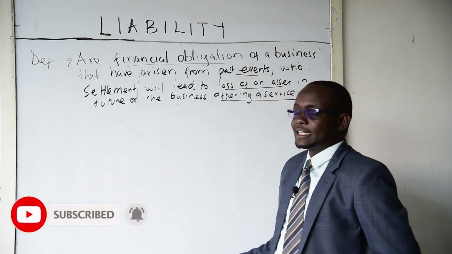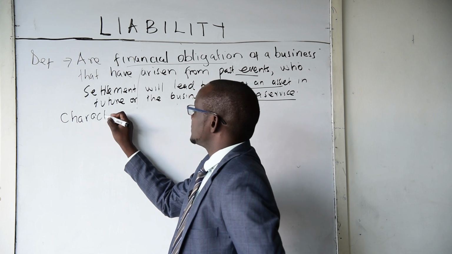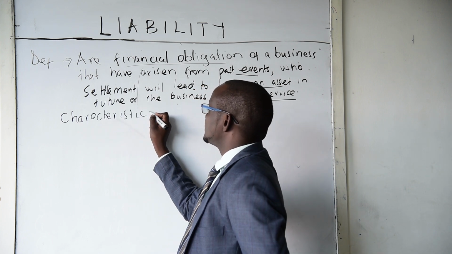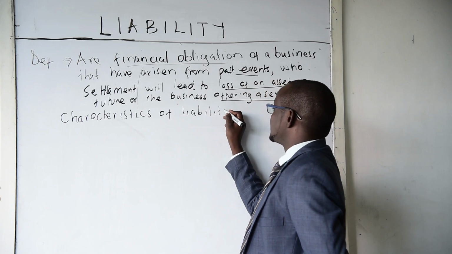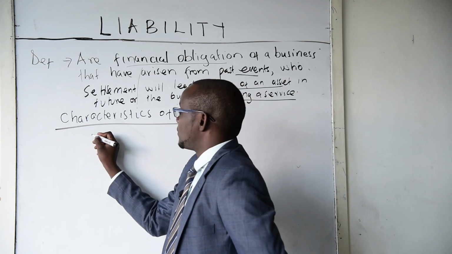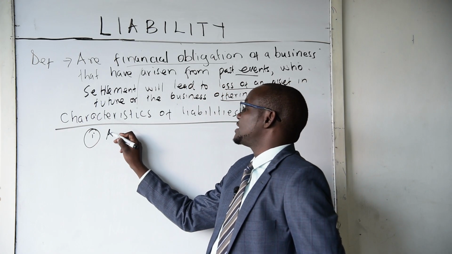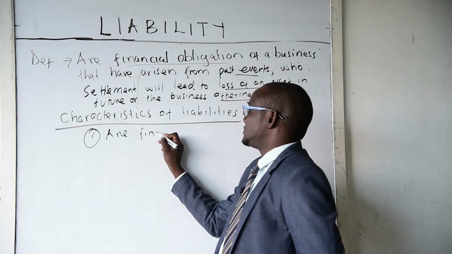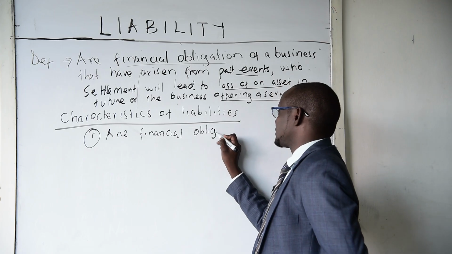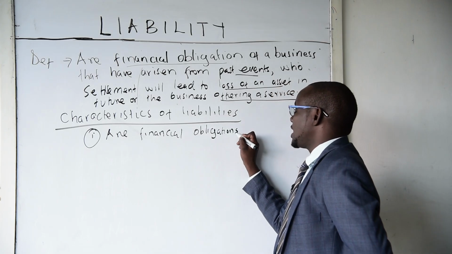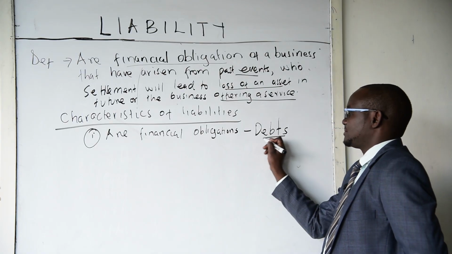Let's look at characteristics of liabilities. One is that liabilities are financial obligations. And we have said, in simple words, liabilities are debts.